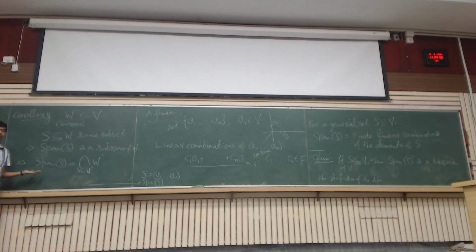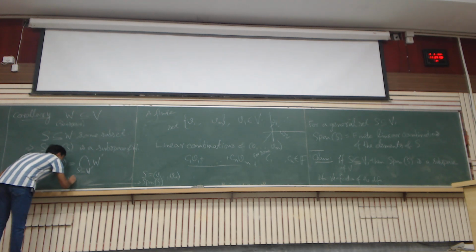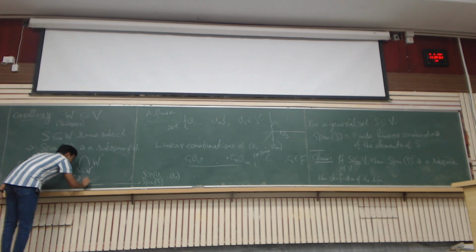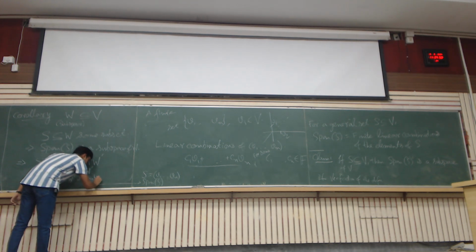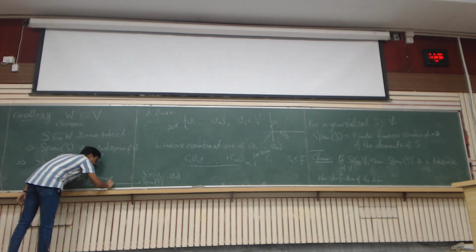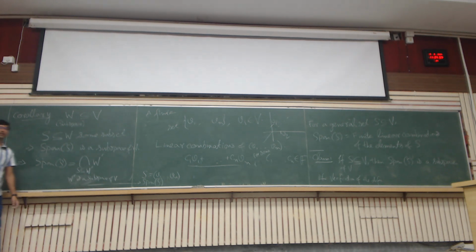That would give you the span of S. Yes, W prime is a subspace of V. In other words, what I want to write here is that span of S is the smallest subspace that contains S.